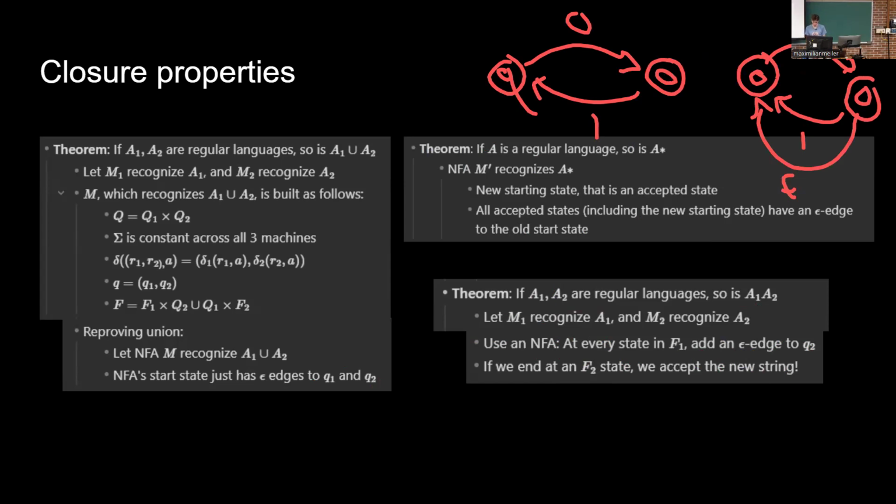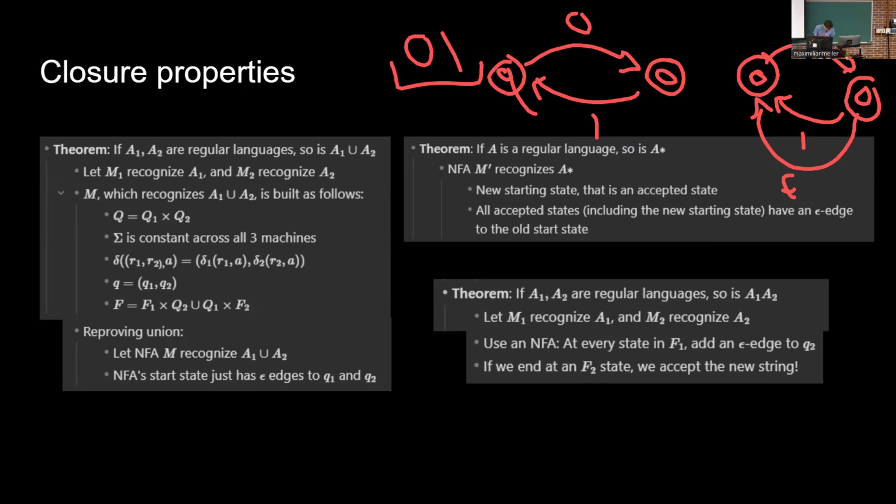Why this doesn't work: say we have the value 0, 1. In this machine, this is not accepted. In this machine, it is, even though this is not an A star of things that work, essentially.